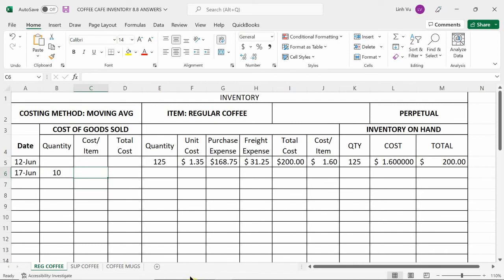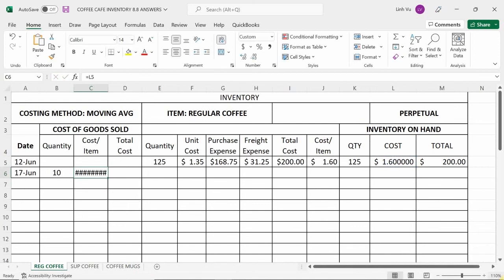That's my total cost. What's my cost per item? It's $1.35. That is my unit price. Okay. $1.60. Okay.